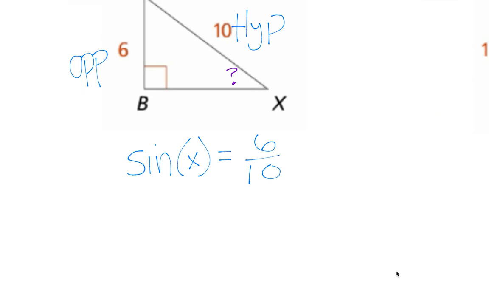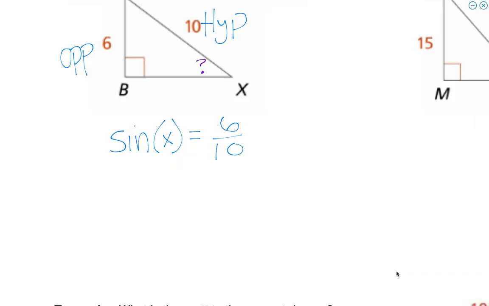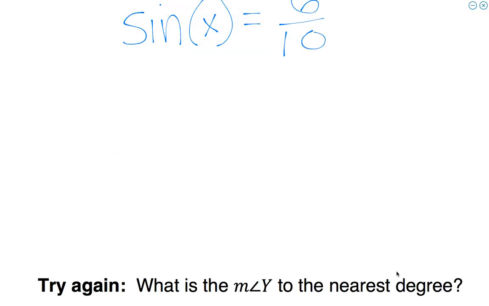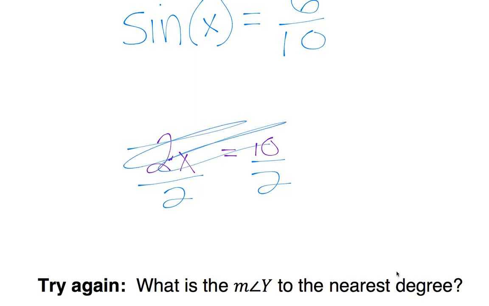So how do you cancel out a sine function? Kind of follow me with this. If I had 2x equals 10, we would do the opposite of multiply by 2. So we would divide by 2. Follow me there?